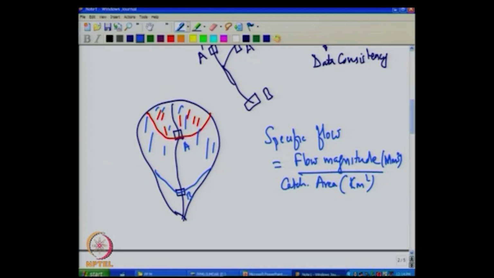So, this is what we do before we proceed to using any analytical techniques that we have covered in the stochastic hydrology course. And these aspects of the data are often much more important than the theoretical aspects, because the theoretical aspects can be done rigorously as the methods are all very clear, but they are all based on the data, and therefore, the data consistency checks must be done for any large scale hydrologic analysis.